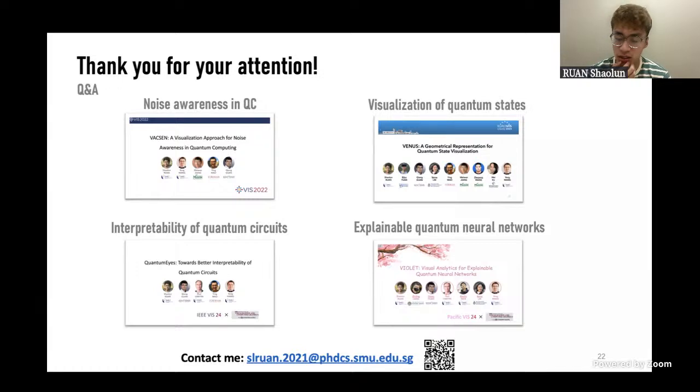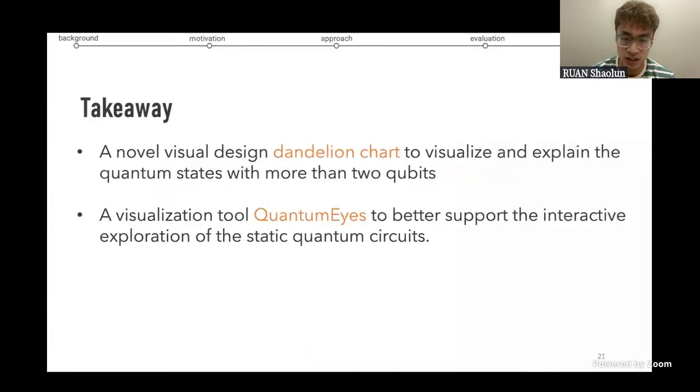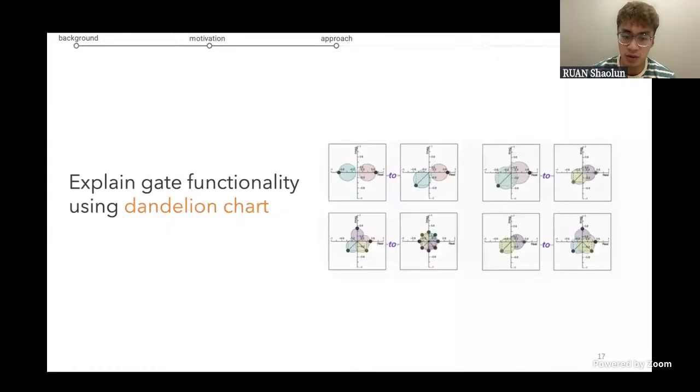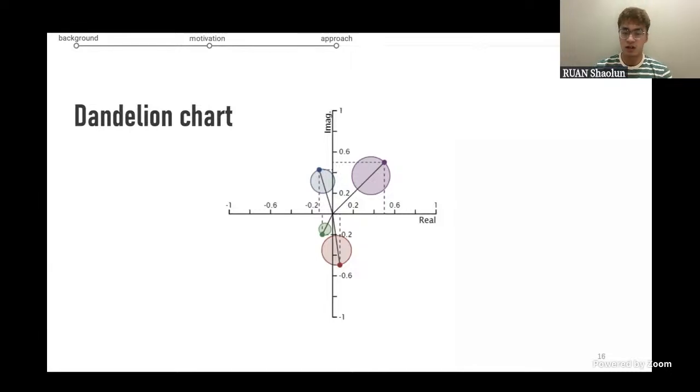And I think it is also very helpful for some experts to observe the quantum states, because our design is the first one to support multiple qubits quantum states visualization, and you can directly tell and explain the probability like this via the location of the dots. So it is very convenient and useful.